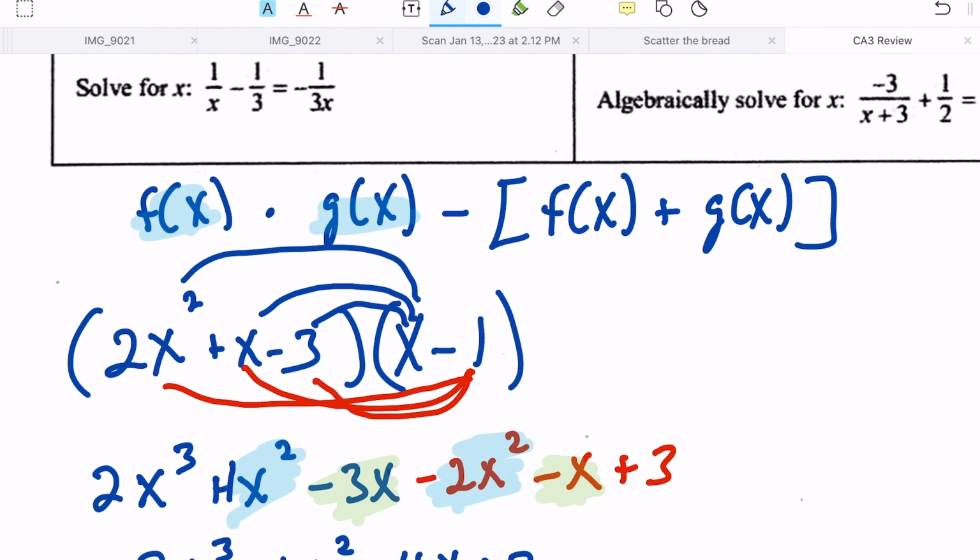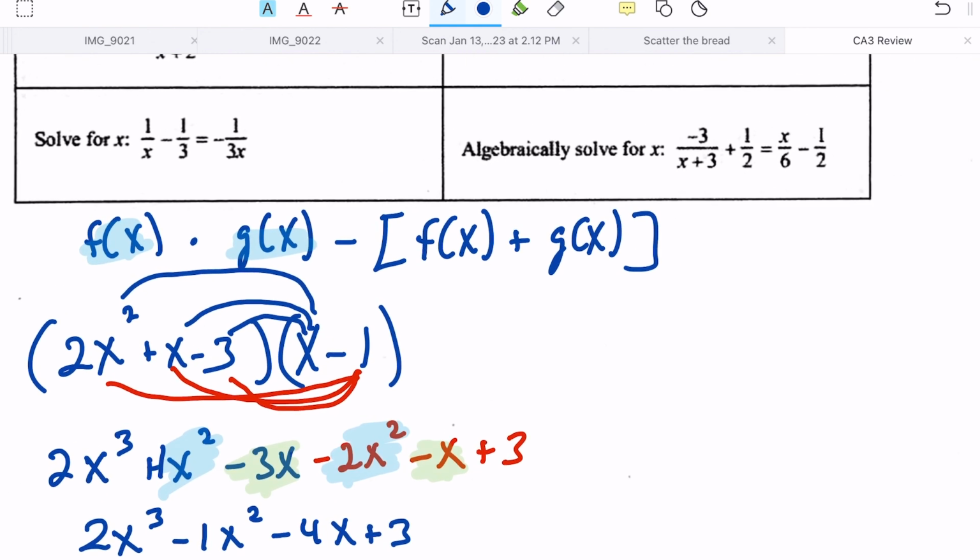Okay? Now, let's do f of x plus g of x. So let's see. We can do it in vertical form. We have 2x squared plus x minus 3 plus x minus 1.